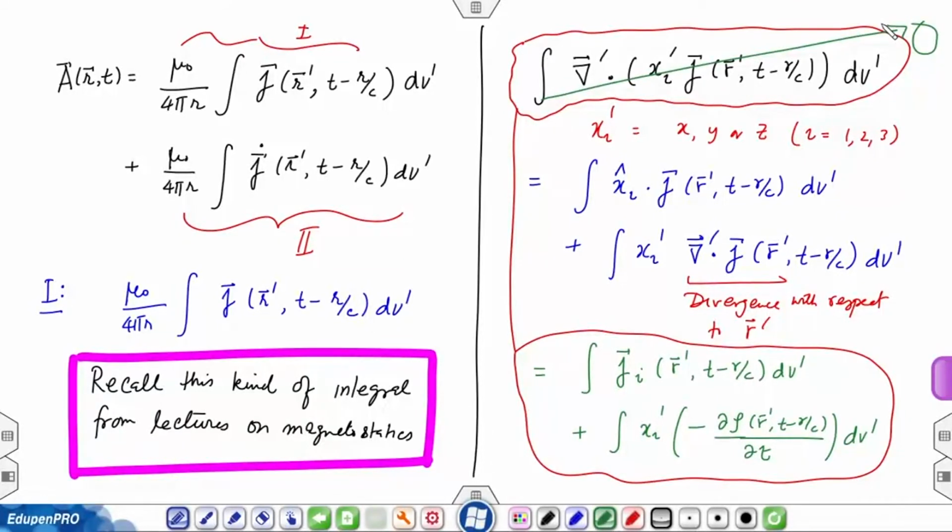So, what do we get out of this exercise? I am going to write it in the next slide, but keep in mind, if you recall that integral from the lectures on magnetostatics, the second term here, this one which I am underlining, was 0 in magnetostatics. Now, it is not 0.